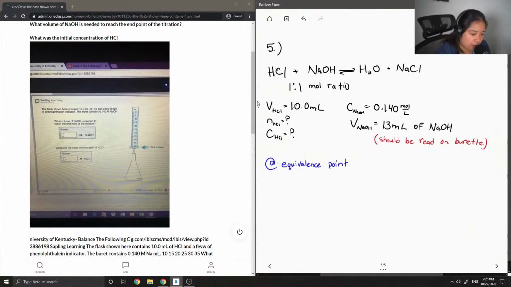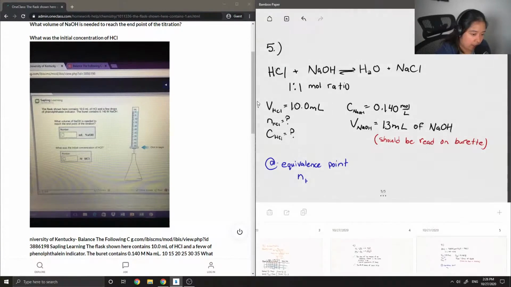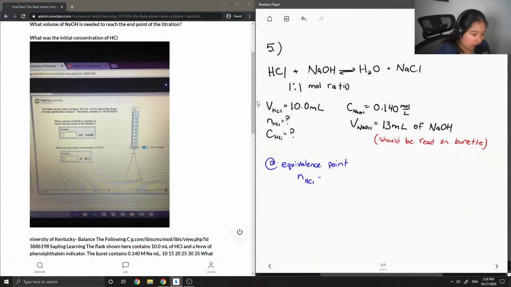Because at the equivalence point, the number of moles of HCl is equal to the number of moles of NaOH. So that means we can use the C1V1 equals C2V2 equation for this, and that's just because it's a 1-to-1 molar ratio.